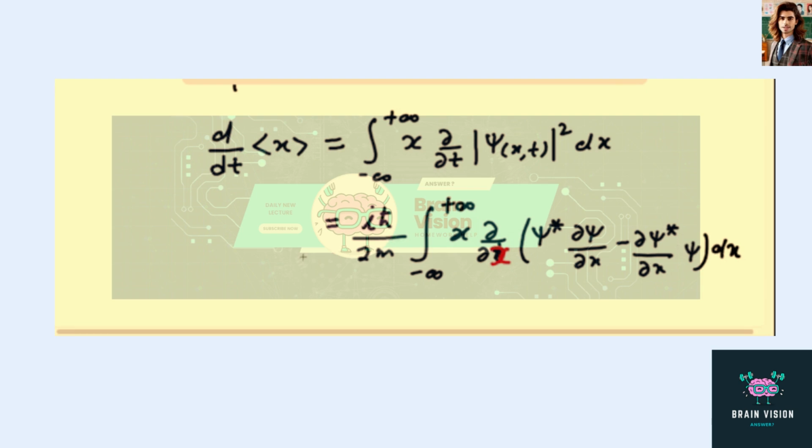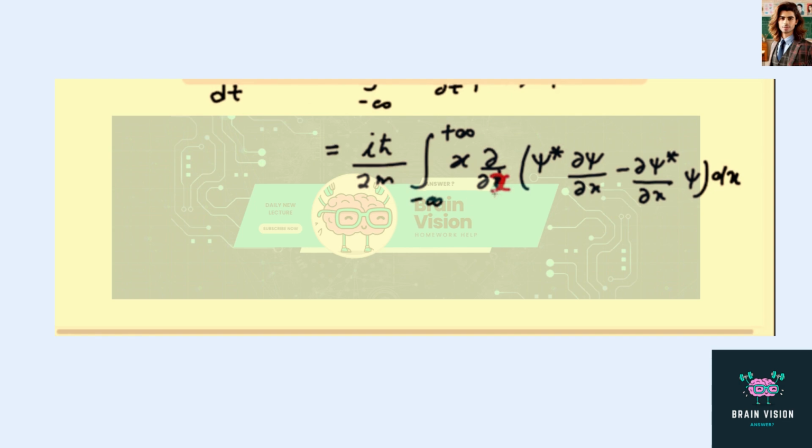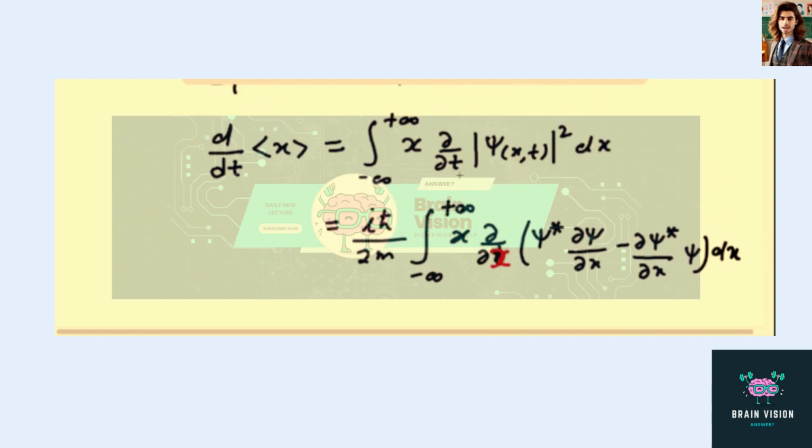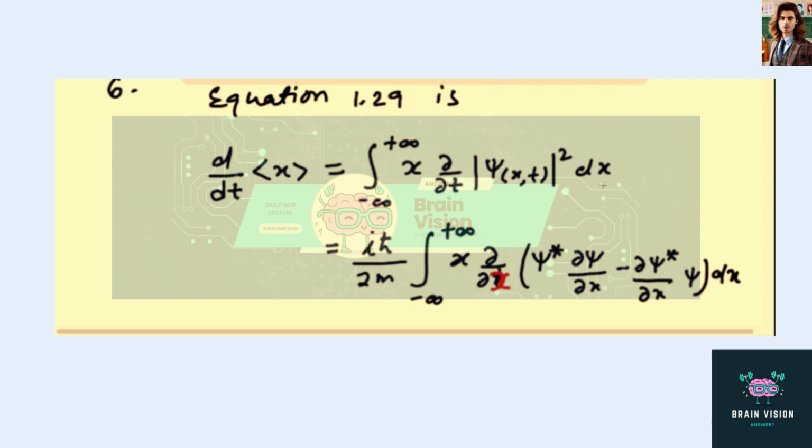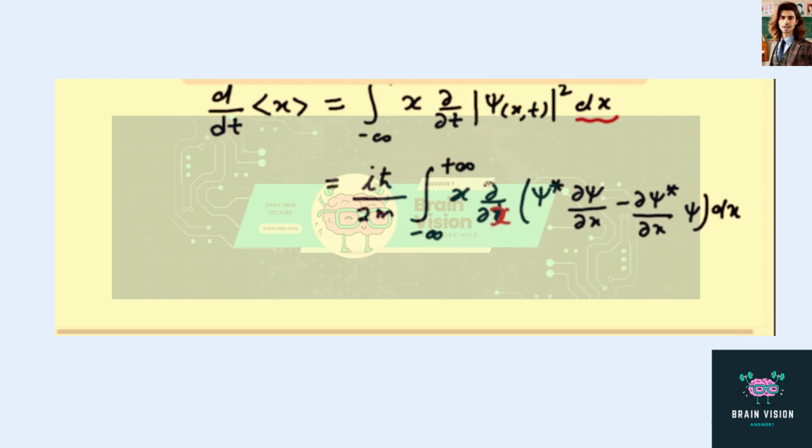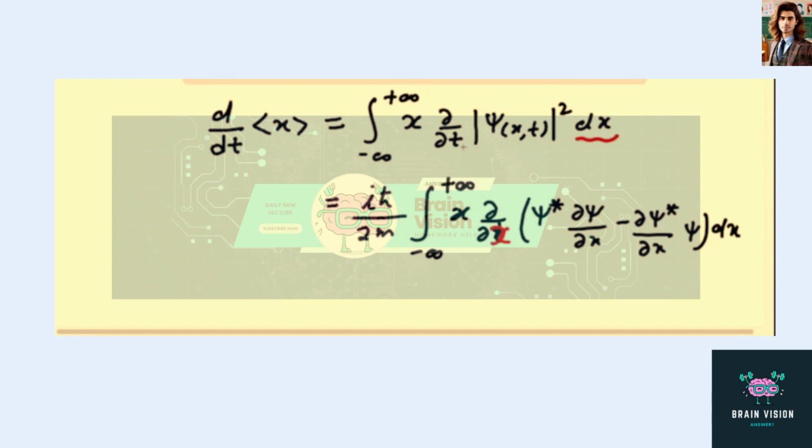This middle expression cannot be done using integration by parts, because this is the time derivative and this is the position derivative. Here the integration is with respect to the position, while the derivative is the time derivative. So there are two variables, time and x.